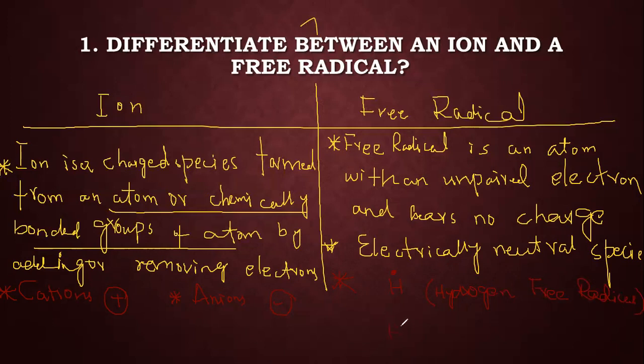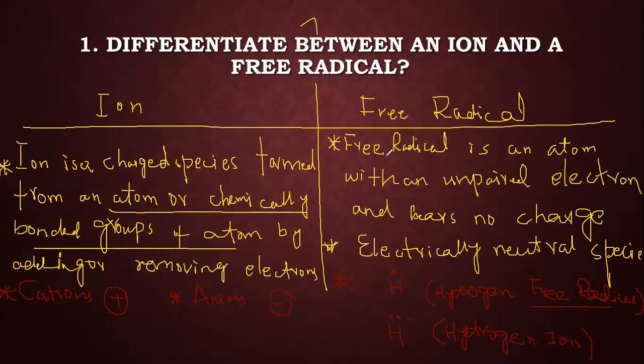And if it takes one electron to complete its duplet, it gets a negative charge, and this hydrogen free radical will be converted into a hydrogen ion. So this is the hydrogen ion.